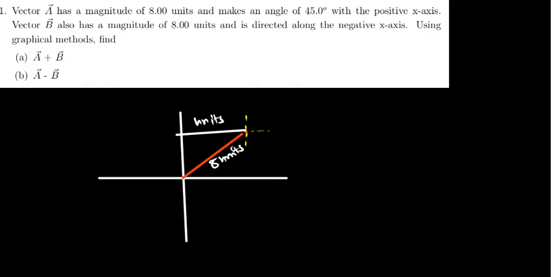After reaching this position, if we are to use the ruler, then for A plus B, we have to connect from the original point all the way to this one.